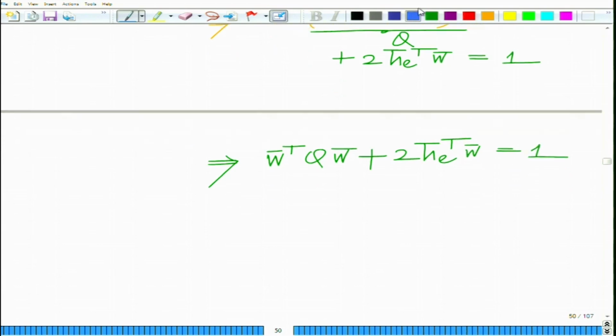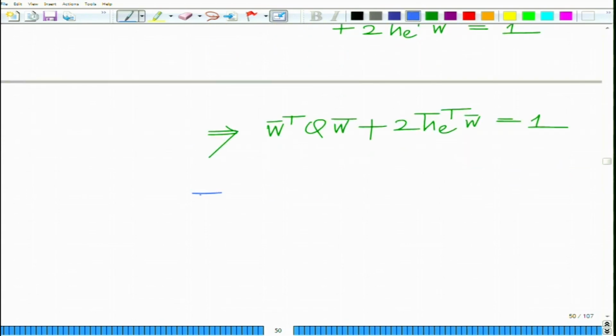Okay, very good. Now what we are going to do is substitute the solution for the optimal beamformer.